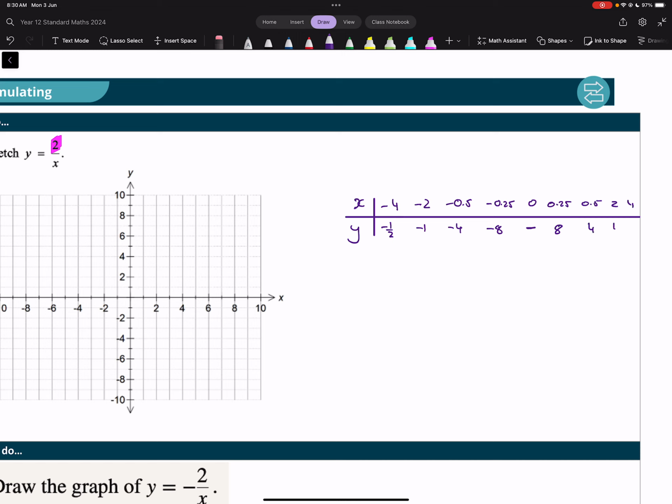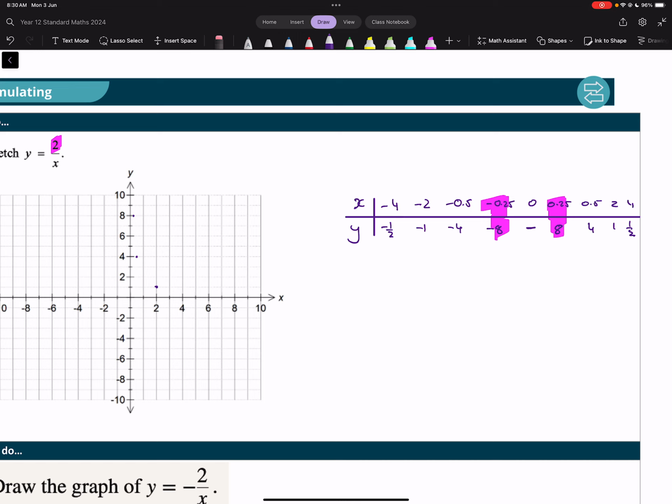And then these are just mirrored. So if we didn't include that quarter, we'd be missing a point that we really need, I think, to graph this, which is this one up here. 1/4 at 8. At a half, we're at 4.